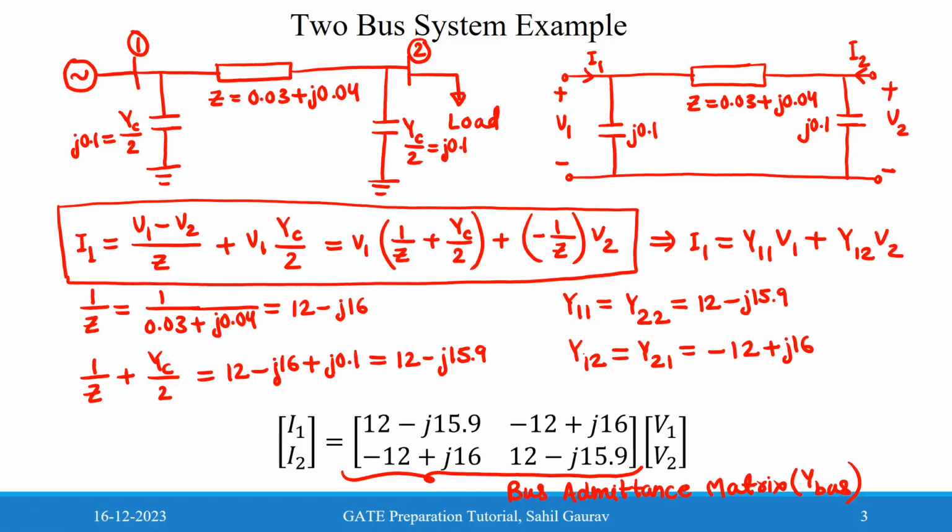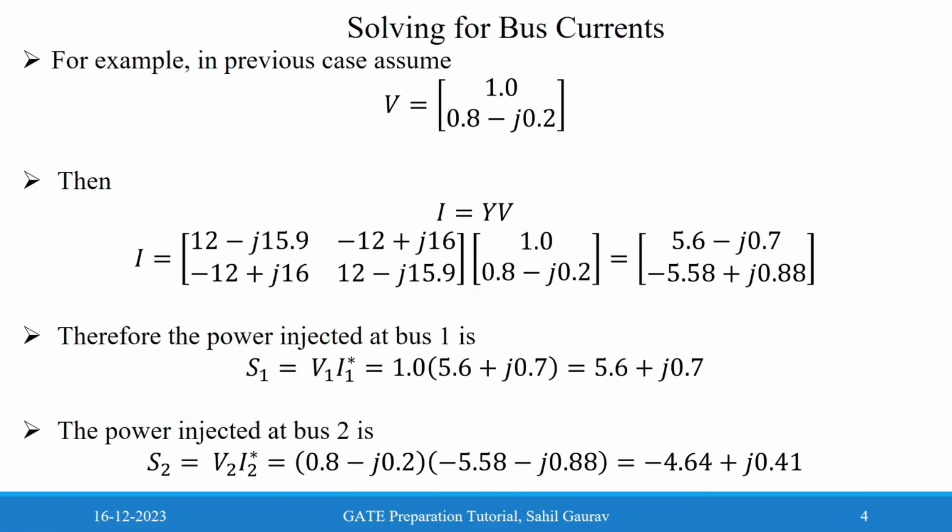Now let us see, if one quantity is known, how we can find the other quantity. Let us first assume the voltages at both buses are given. At the first bus it is given by 1.0 at the angle of 0 degrees, and the voltage at bus 2 is given as 0.8 minus j0.2.